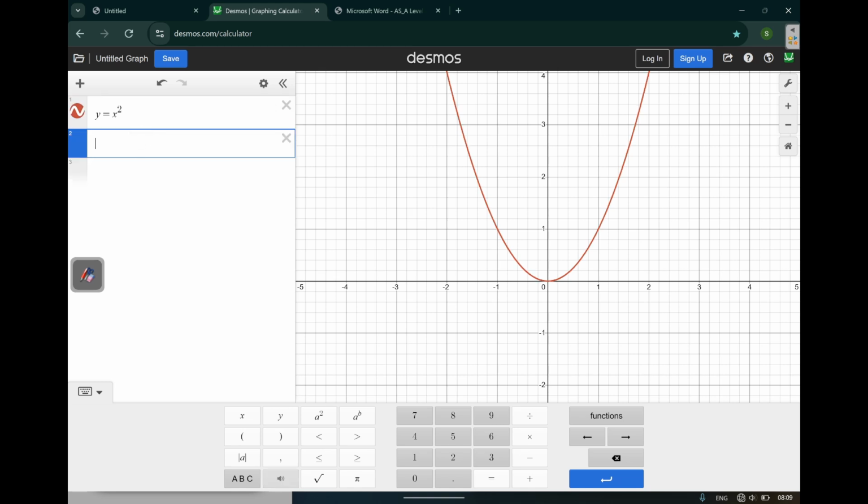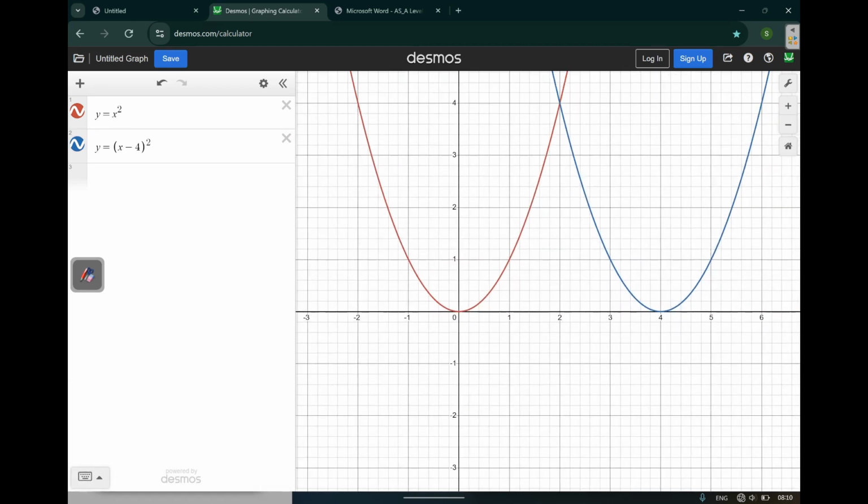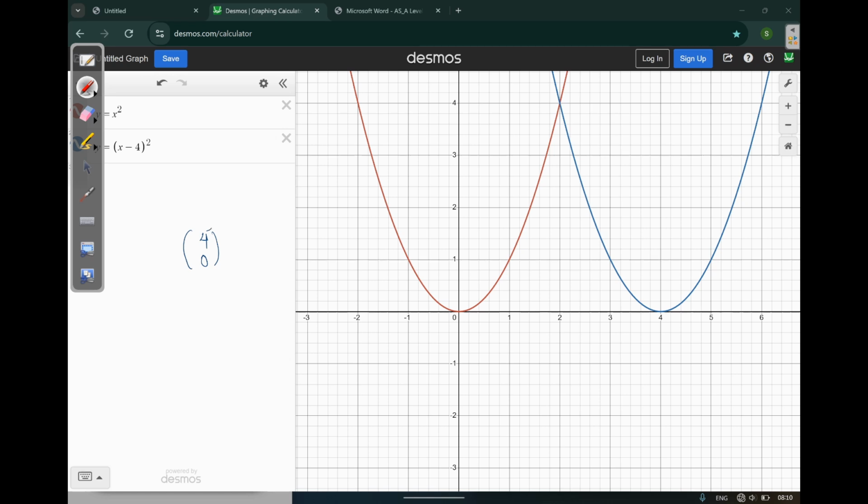And then we get y is equal to, I'm transforming this, so x, let's say minus 4. Then I close the brackets and then I square. Do you see that it has shifted to the right by 4 units? The blue one has shifted to the right by 4 units. But inside here, the translation is going to be, because it has moved to the right, that is 4, 0. But when I'm writing this one in the function here, now it comes here as a minus.